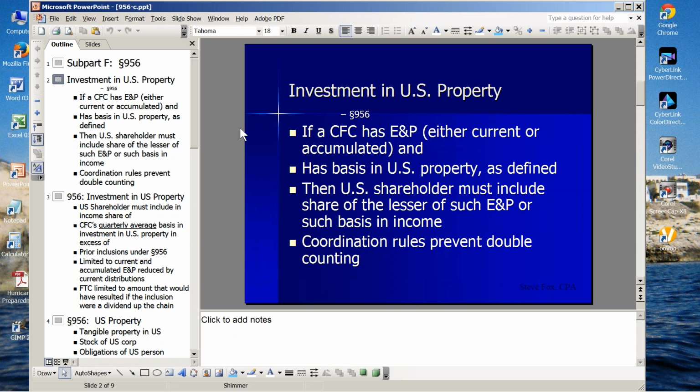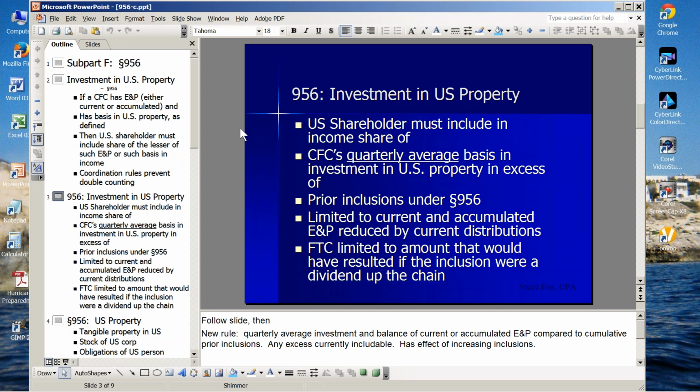And there are coordination rules to prevent double counting of these earnings when they're either later Subpart F income or 956 inclusions, or when they are remitted as dividends. So let's dive into 956 a little bit more.